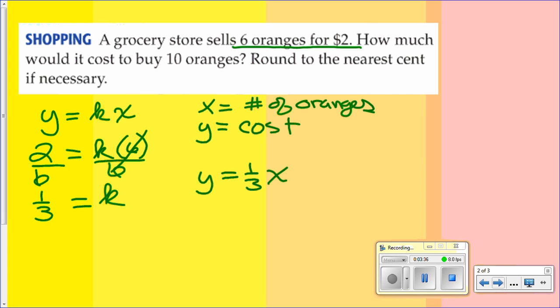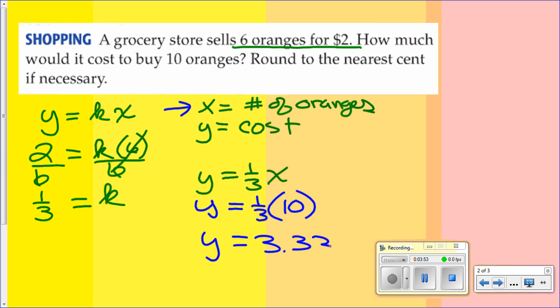Now, it says, how much would it cost to buy 10 oranges? Well, oranges are represented by the x. So if I put 10 in there for x, then I can solve for y. And y equals $3.33.